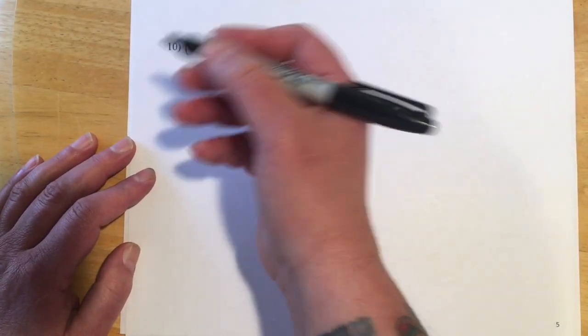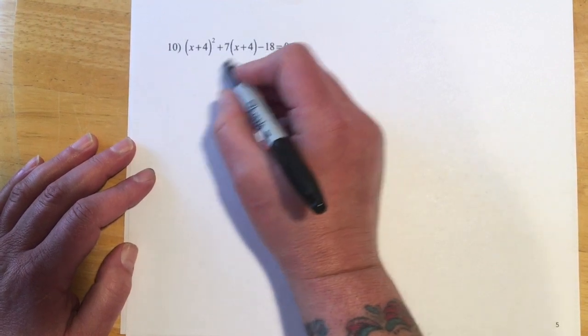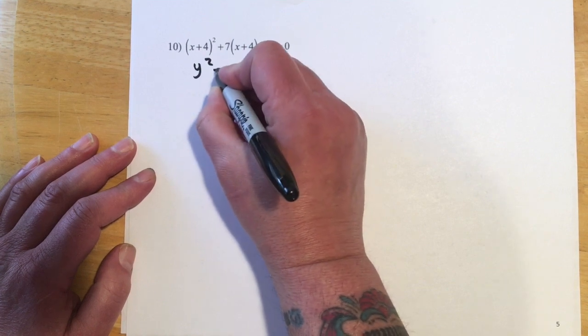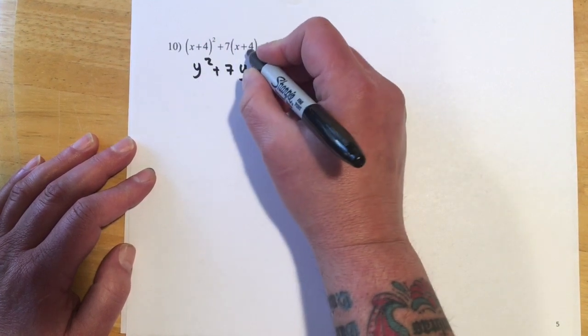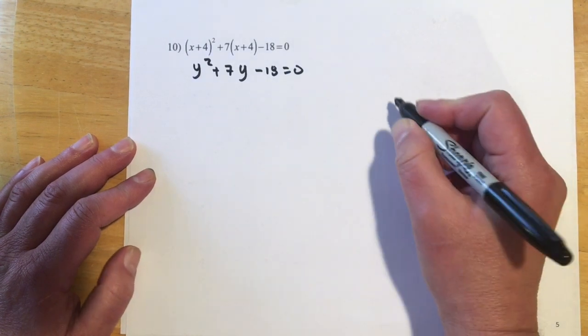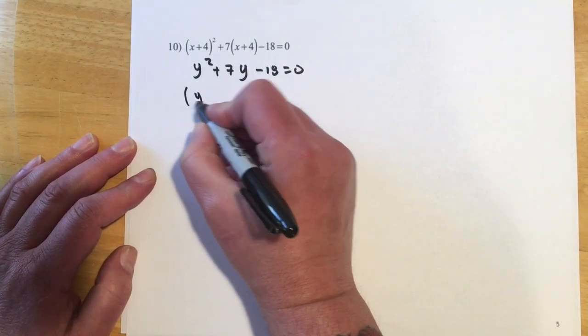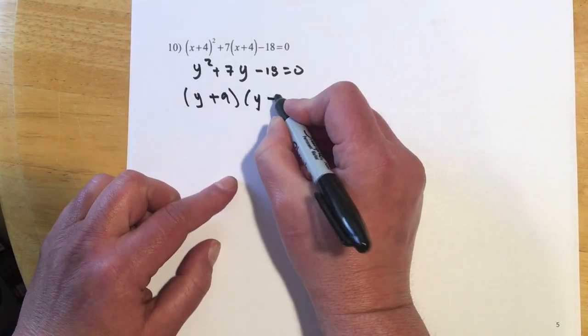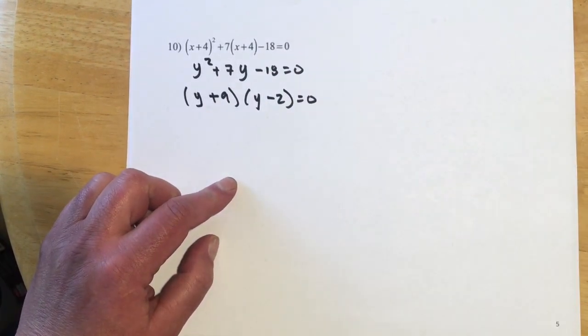And number 10, so this is the one, again, you can FOIL it all out, or if you can kind of look at it, like I said, as y's, standing in for the x plus 4, then we can just kind of realize it's going to go y plus 9, and then y minus 2 equals 0.